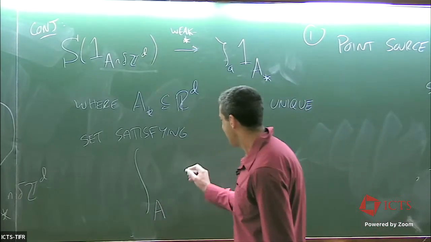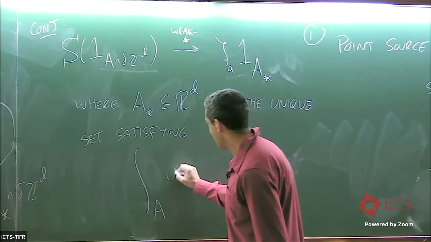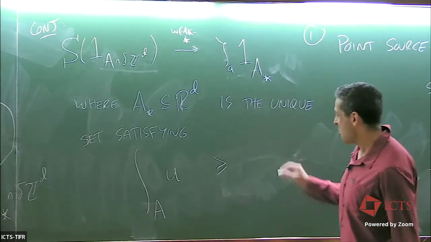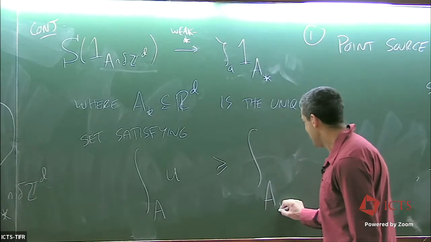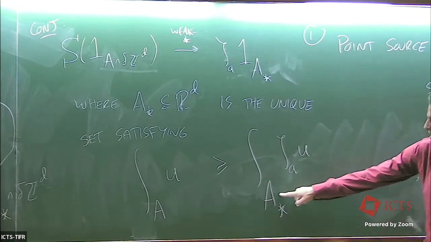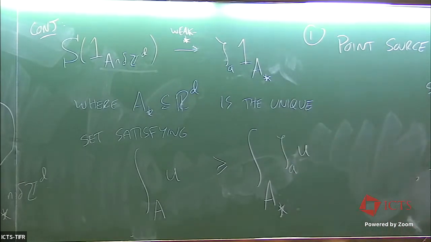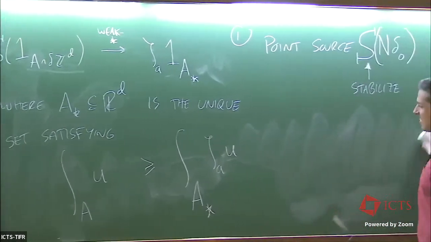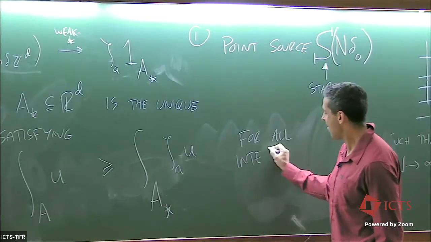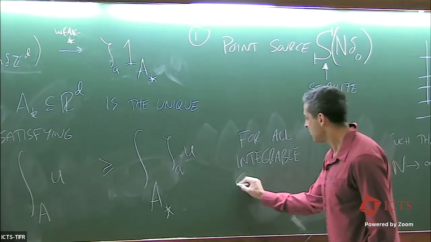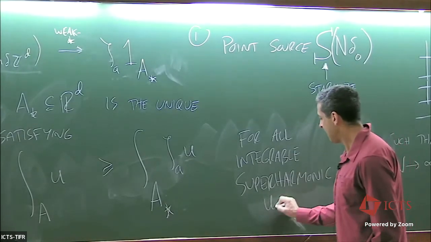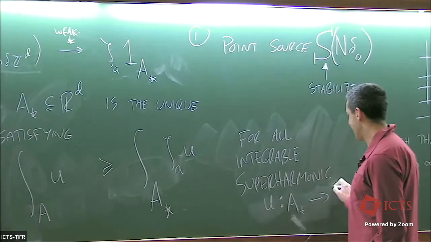If you take a superharmonic function and you integrate it over the original set A, that should always be larger than if you integrate the same superharmonic function over A star and scale by zeta A. So this is for all integrable superharmonic functions on A star.